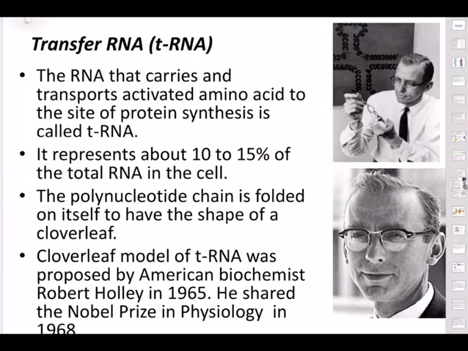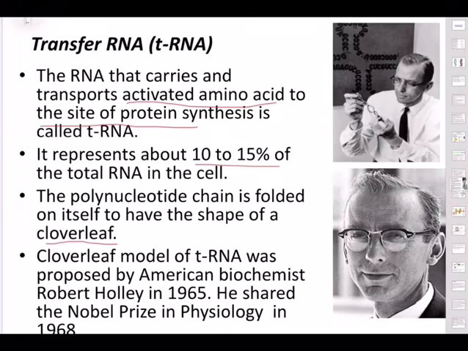As the name refers, transfer. It has to transport something. What is that it is transporting? Activated amino acids. From where to where? From nucleus to cytoplasm, the site of protein synthesis. It represents about 10 to 15% of total RNA in the cell. The polynucleotide chain is folded on itself to have the shape of a clover leaf.